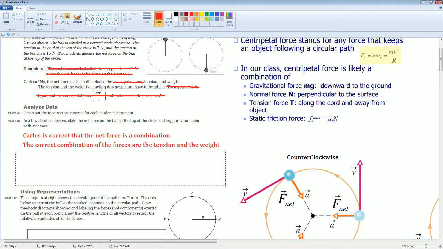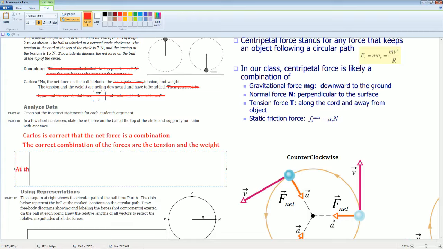Now, at the top of the circle, the two forces are in the same direction, so we add them together.